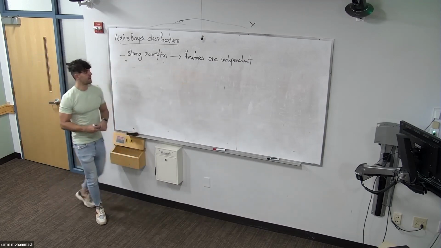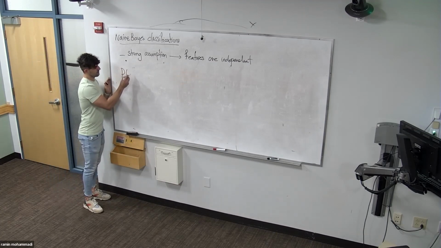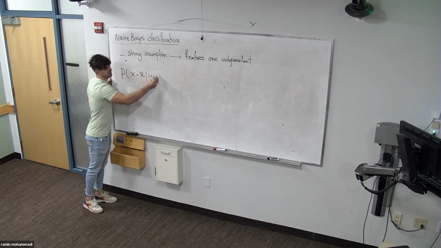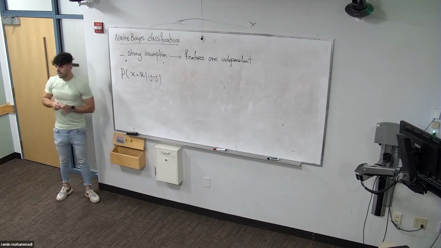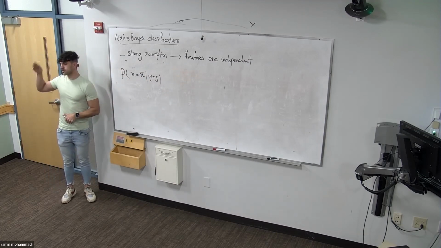Now, if features are independent of each other, what is the probability of X bar given Y is j? Features are independent. That means we don't have the probability of X2 given X1 anymore.